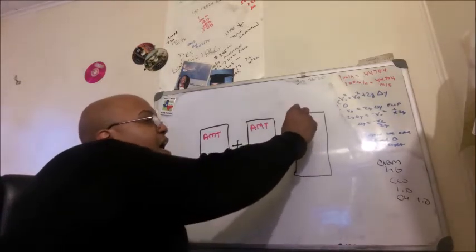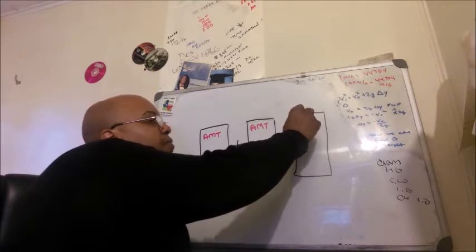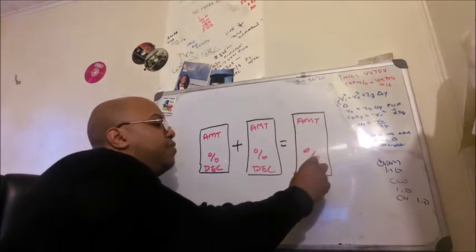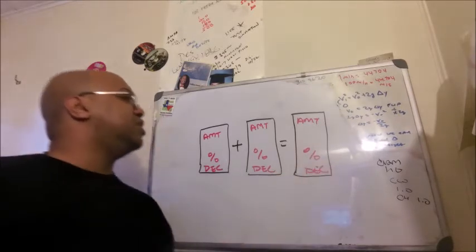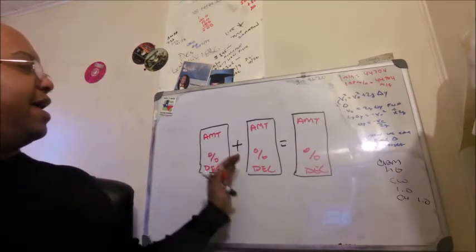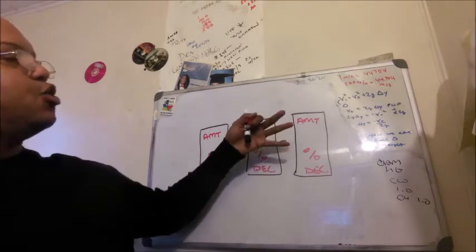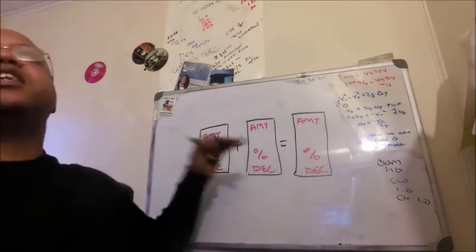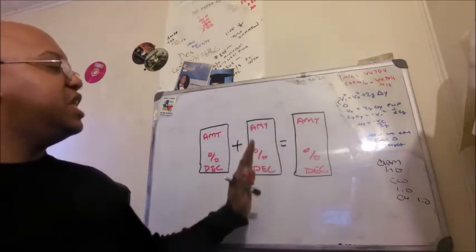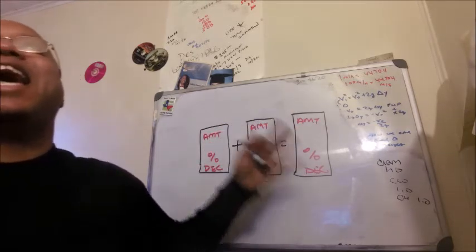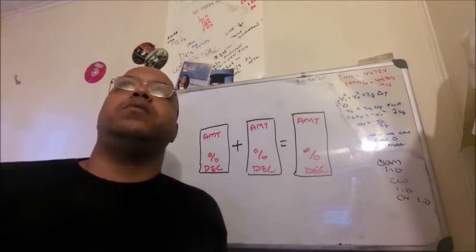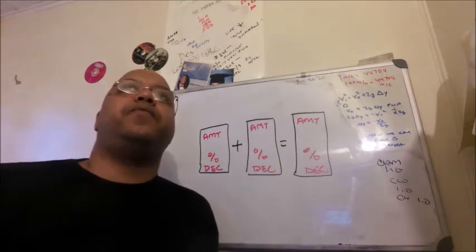And then we're going to have a final amount, and a percentage expressed in decimal form. So that is the format. And as you look at these questions, these are the things that you are looking to plug and play. If there's anything missing in the question, then that becomes the X, or the unknown. We all clear on that?